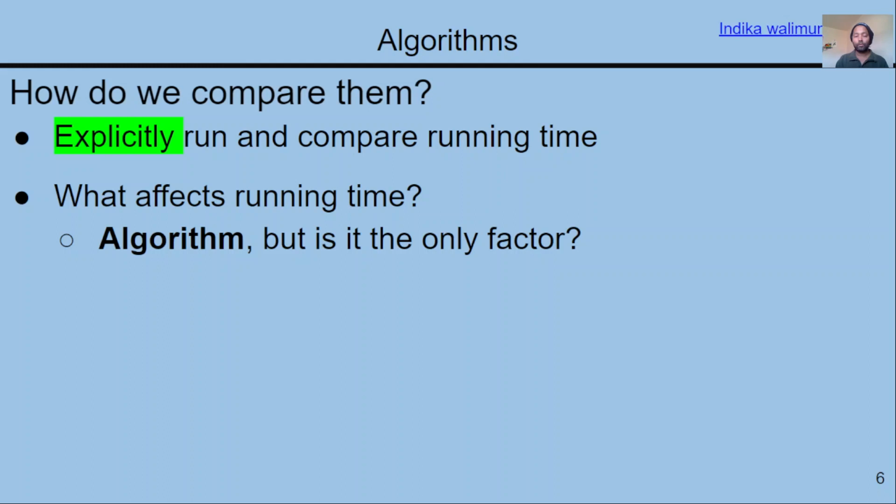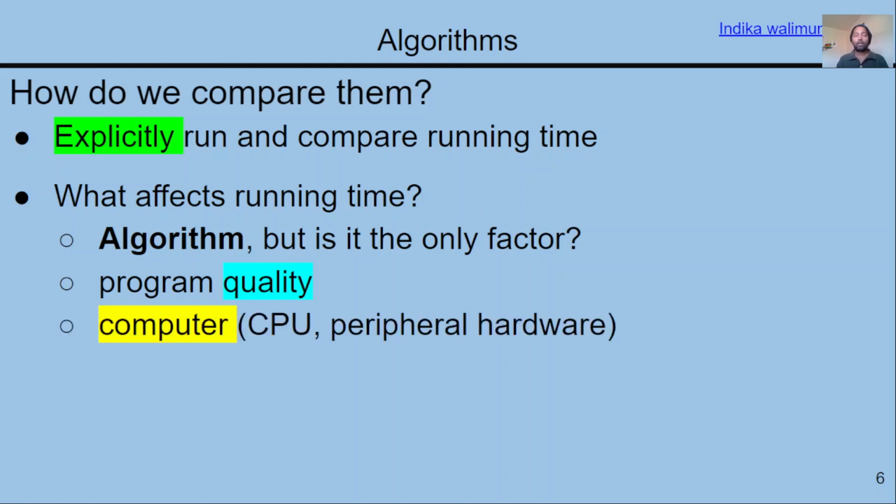The answer is no. It depends on program quality, right? It depends on the computer itself, the platform or the infrastructure where we test the algorithm. That means the CPU, the peripheral hardware, and other hardware as well.